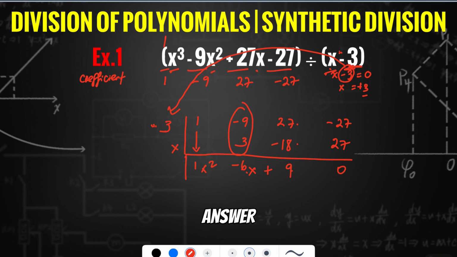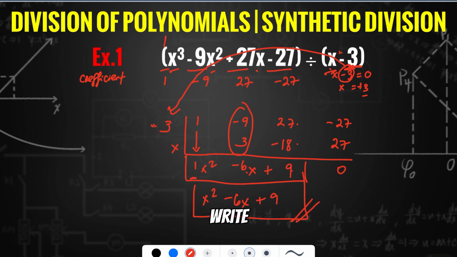So that's your answer, guys. Actually, rewrite it: x squared minus 6x plus 9. This is your final answer. We don't tend to write the coefficient one. Or simply, what did you notice? We wrote the powers in descending order, but one less power from your dividend.